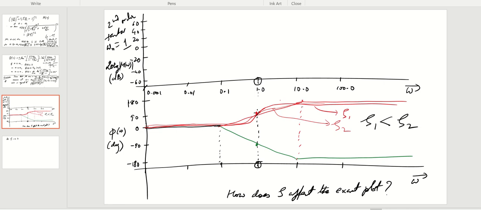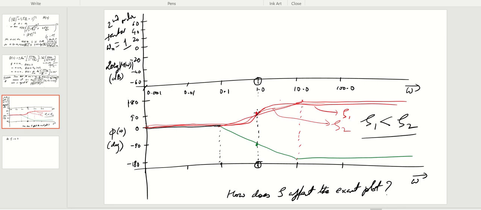So as you keep increasing zeta, this curve flattens out. Okay? And as you decrease zeta, this approaches an exact step function. It tends to have a jump-like feature. So that is the one intuition that you can draw from the effect of zeta on the phase.